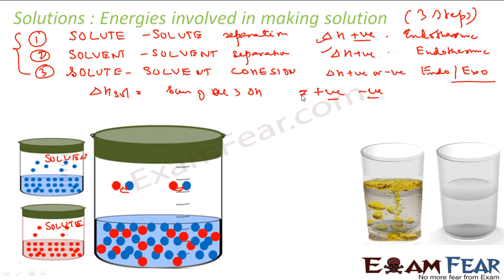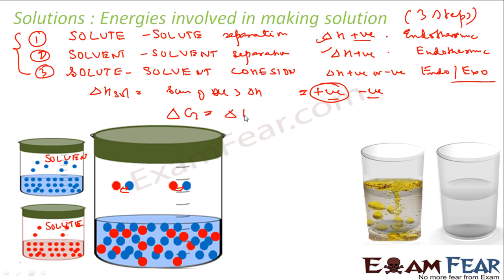Now, if delta H is positive, do you think you will be able to form a solution? Looking at this, you can see that with delta H positive, you won't be able to form a solution. But that is not correct, because to form a solution we need one more thing that is called delta G, and delta G is the Gibbs free energy.